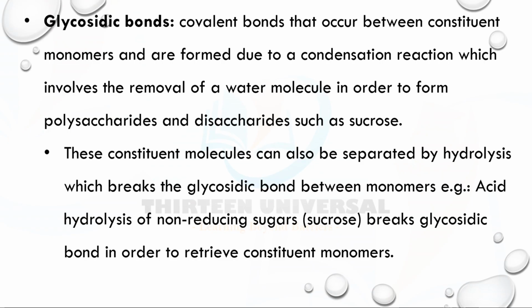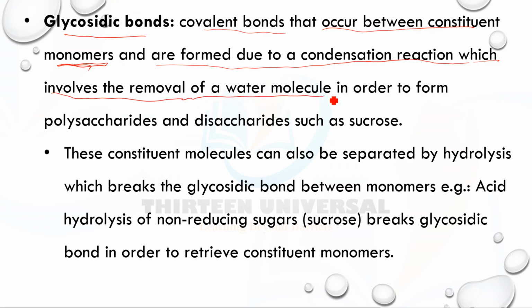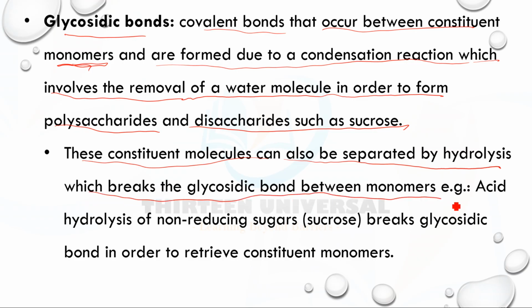All right. We mentioned these glycosidic bonds, covalent bonds that occur between constituent monomers, and these monomers are monosaccharides. They are formed due to condensation reaction, which involves removal of a water molecule in order to form polysaccharides and disaccharides like sucrose. These constituent molecules can also be separated by hydrolysis. That's the backward reaction, which breaks the glycosidic bond between the monomers. For example, acid hydrolysis can be used to break the bond of the non-reducing sugar sucrose in order to retrieve the constituent monomers.